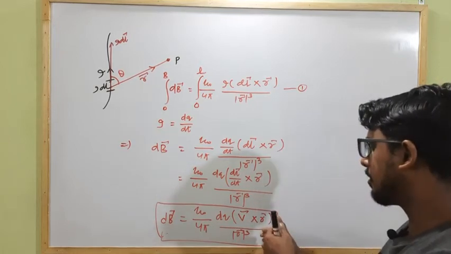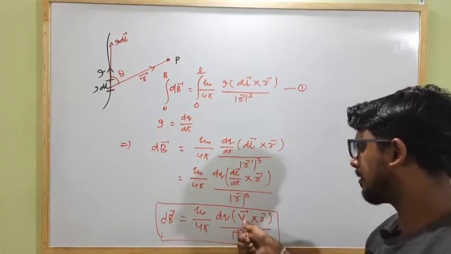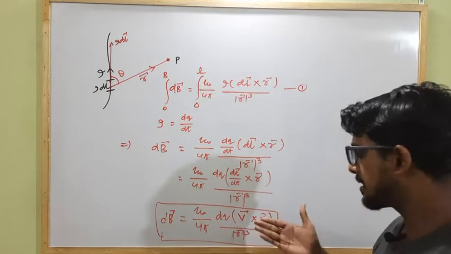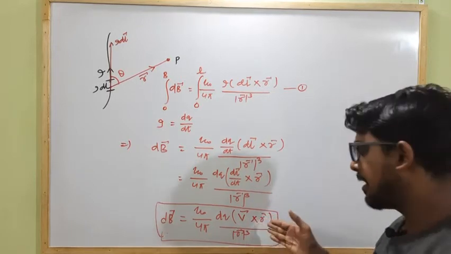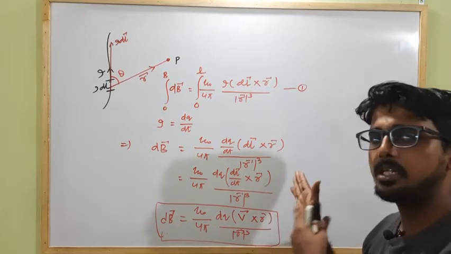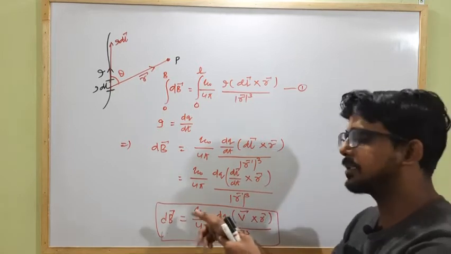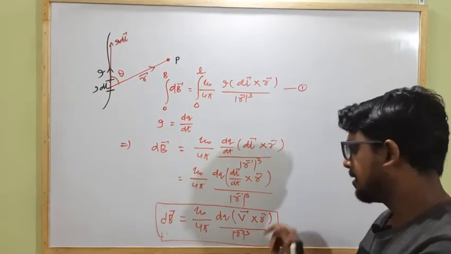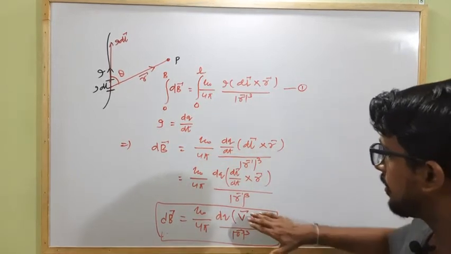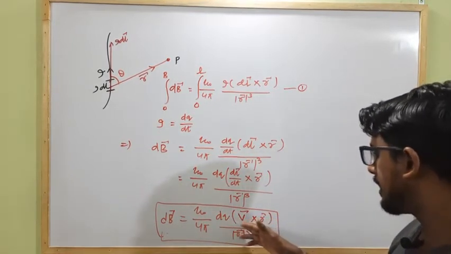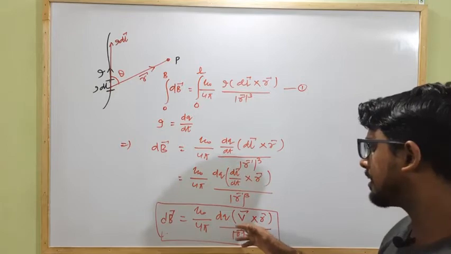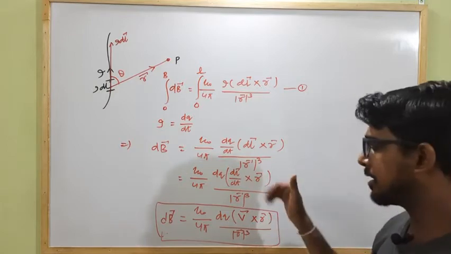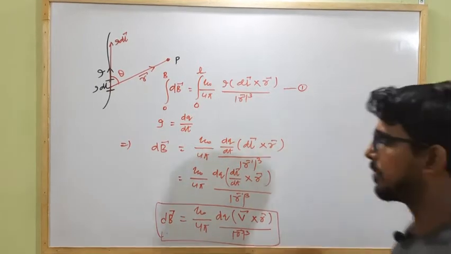If I place the thumb along the direction of the velocity vector v and stretch the right hand fingers along the direction of the position vector, then the direction of the palm shows the magnetic field strength at the observed position. Or if we curl the fingers of the right hand from the v vector to the r vector, that is v cross r, then the direction of the thumb will show the magnetic field direction.